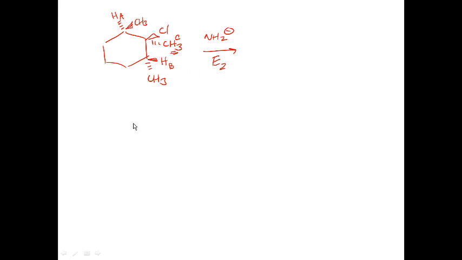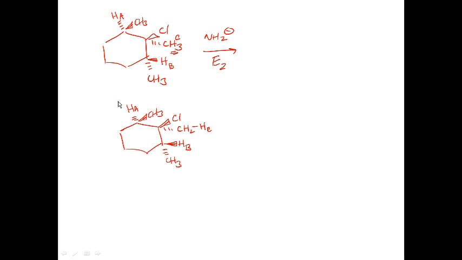So if I write the molecule down here with HA, my Cl, my CH2 with the H on it, so we'll call that HC, and then down here, HB and CH3, how many of these hydrogens are going to be able to become anti-periplanar to the chlorine?